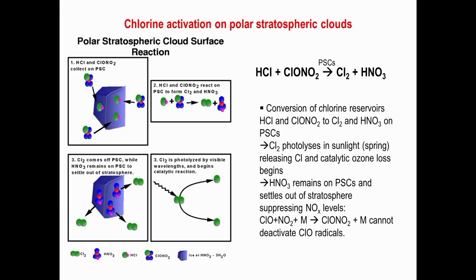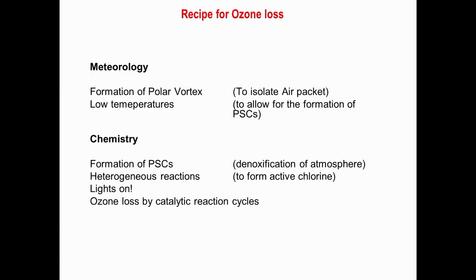So you get these depletion events when the sun comes up, breaks down the polar vortex, and gives you enough solar radiation to start the chemical reactions going. So just in summary, the meteorology, the formation of the polar vortex at low temperatures, isolates the air packets, forms PSCs, heterogeneous reactions on the surface of the PSCs, lights come on, the ozone loss by the autocatalytic reaction cycles.